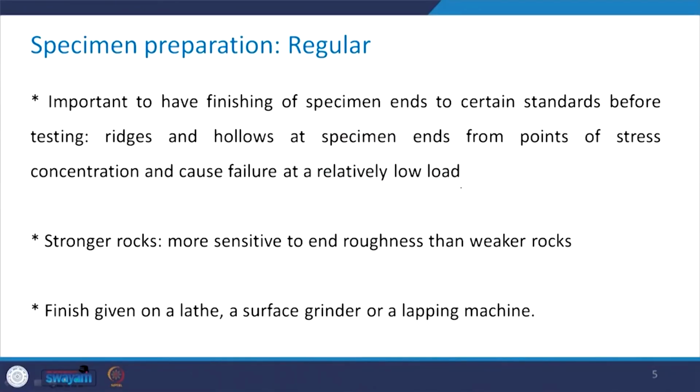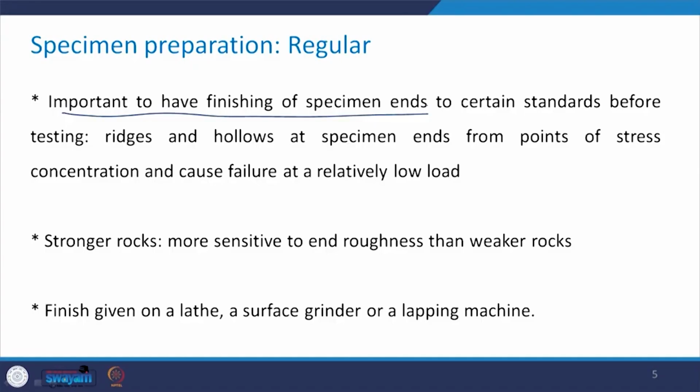Now, when we are cutting, when we are drilling, the ends of the specimen, they may not be smooth, or there may be some ridges or hollows at the specimen ends. So, we need to be careful about that. So, it is very important for us to have the finishing of the specimen ends. Let us say this is the specimen.